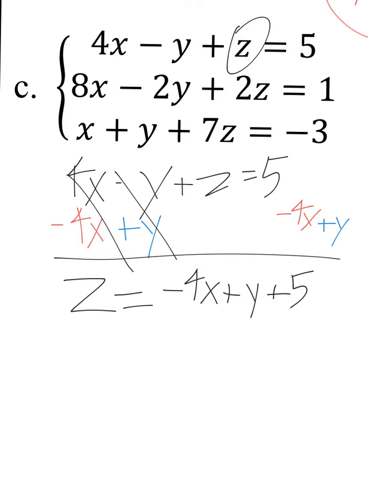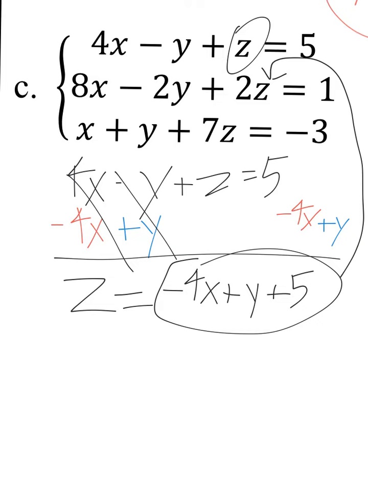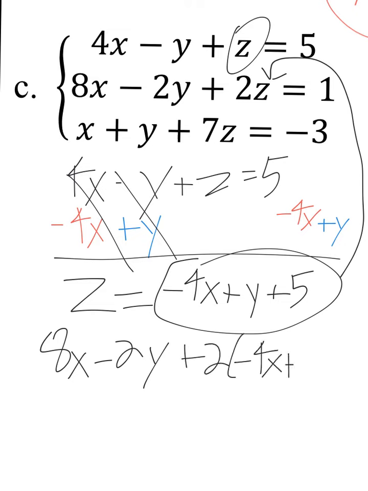And now I can plug this into the second equation. So I have 8x minus 2y plus 2 times negative 4x plus y plus 5 equals 1. All right, so distribute.